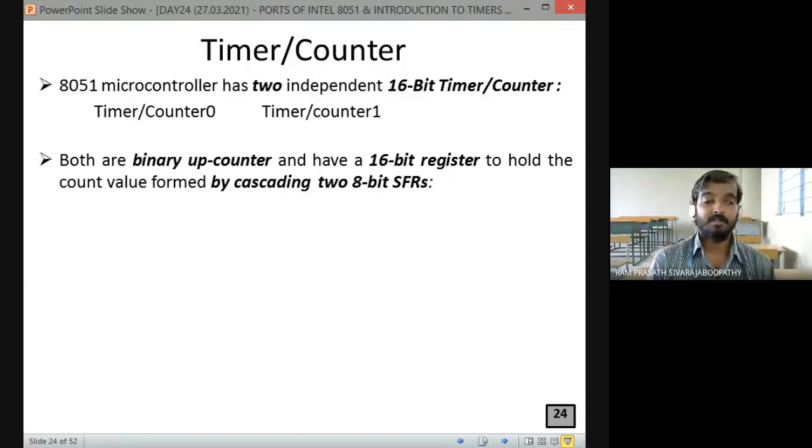Similarly, இங்க நம்ம என்ன சொல்ல போறோம் அப்படின்னு பாத்தீங்கன்னா each timer bar counter it is going to have a 16-bit count value to be held using two 8-bit register. என்னன்னு பார்க்கலாமா? The very first point, binary up counter அப்படின்னா மீனிங் என்ன? hexadecimal number 9 க்கு அப்புறம் என்ன வரும்?